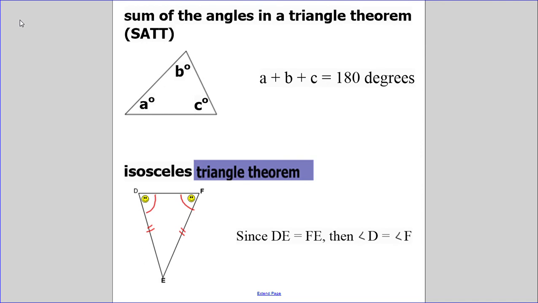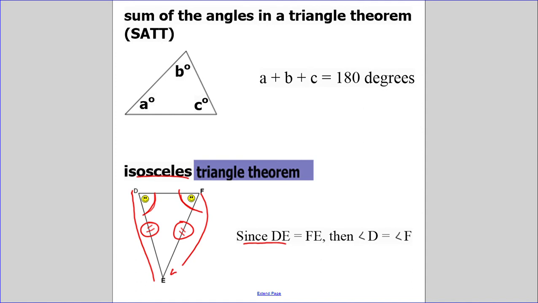We also have the isosceles triangle theorem. And this one has a little bit more of a roundabout way to go through it, but it's understanding isosceles triangles mean that two side lengths are the same. And then, if we follow this, since DE, the line D to E, right, so this line right there, is equal to FE, this line right here, so as long as DE is equal to FE, then angle D is equal to angle F. Okay, so our isosceles triangle theorem can help us a bit too.